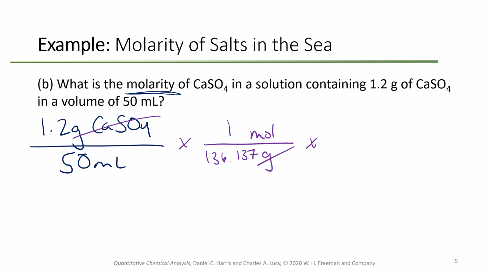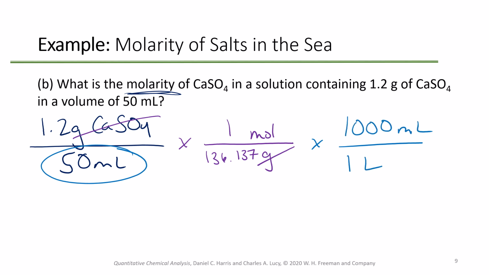I just need to figure out the bottom number. So I'll do a different color. I have 50 milliliters on the bottom, but I want it to be liters on the bottom. So there are 1,000 milliliters per liter. Now my milliliters will cancel, and my overall units are going to be moles per liter. So we are good to go.